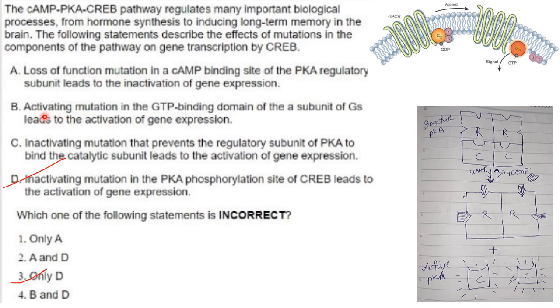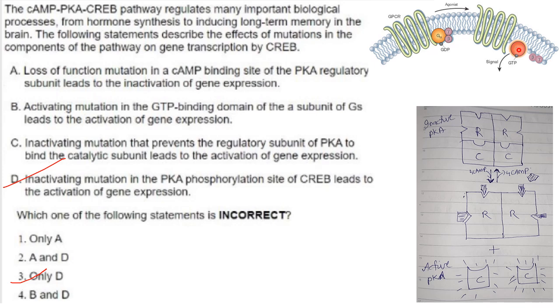Then B. Activating mutation in the GTP binding domain of the alpha subunit of Gs leads to the activation of gene expression. Activating mutation in the GTP binding domain of the alpha subunit, that is over here. This is the GTP binding domain of the alpha subunit.